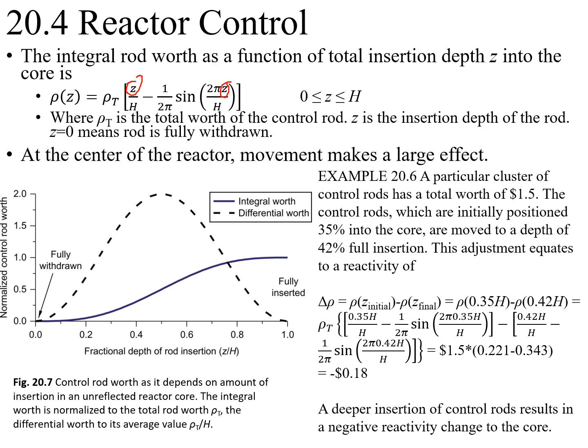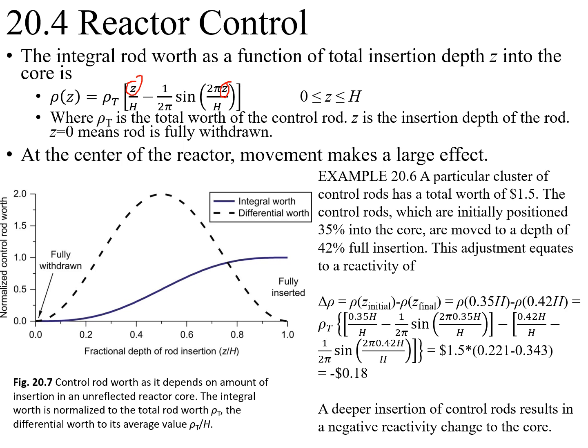And Z is between 0 and H. So for Z equal to 0, it means that the rod is completely withdrawn. In that case, you have a 0 minus 0 inside this bracket, then you have the reactivity insertion 0. And if Z is equal to H, then you have H over H, that is 1, minus sine 2 pi, which is 0. Then you have the rho_H, that is equal to rho_T. Okay, means if the rod is completely inserted, you will get the rho_T.